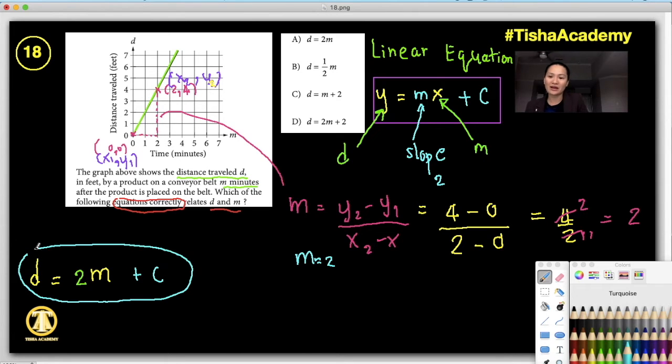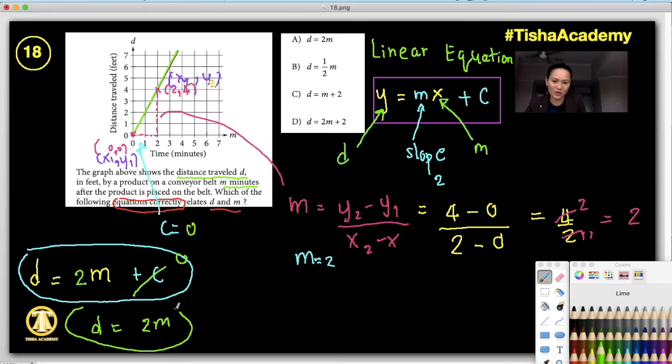But from here, I know exactly it starts with 0. I know exactly from here my c equals 0. d equals 2m because c equals 0, plus 0 is 0. So I got the answer. d equals 2m. And this one is my answer.